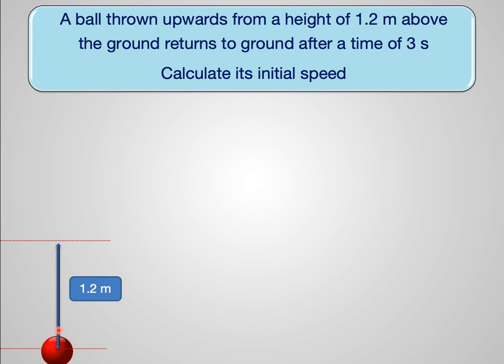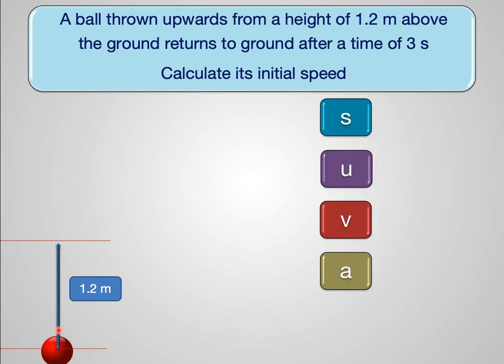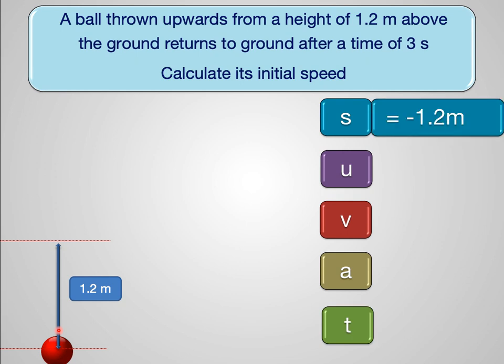At the end of the journey, what will be the displacement? Okay, we are going to write all SUVAT values. So the displacement of the body should be minus 1.2 because it was going up some distance, a positive displacement, because upward I am taking positive. So let's say it went up 10 meter.